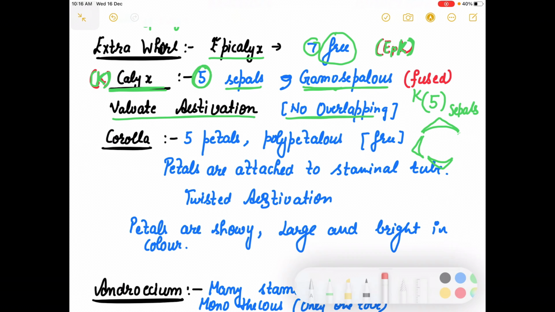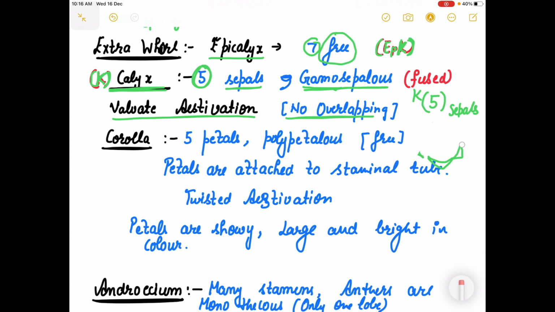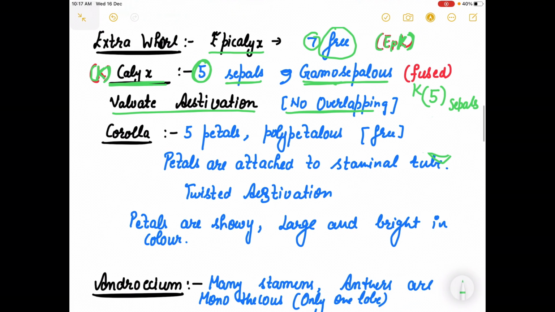Okay, so always try to keep them of the same size. So triangular is basically for the sepals, and if you are drawing the semicircular form, that is for your petals. So corolla, this was about the calyx. Calyx is 5 in number, and it is fused, and estivation is velvet.